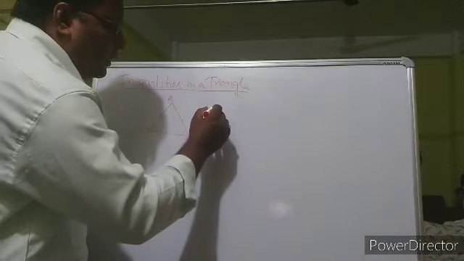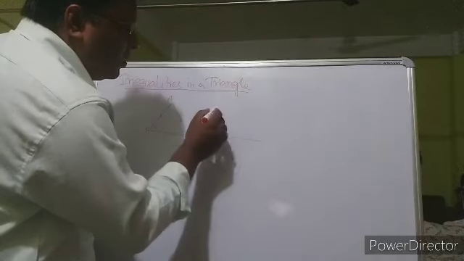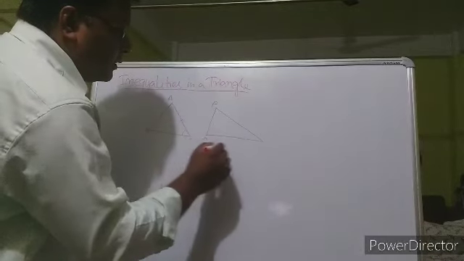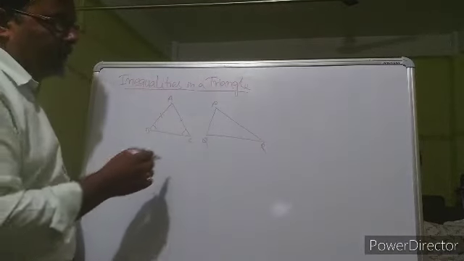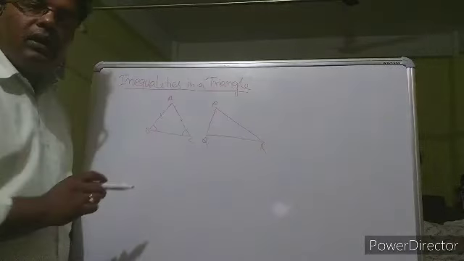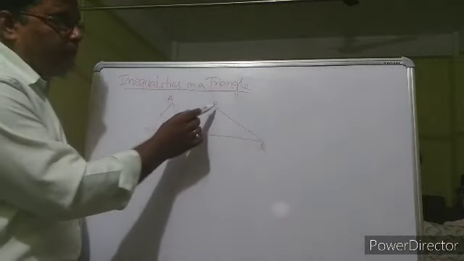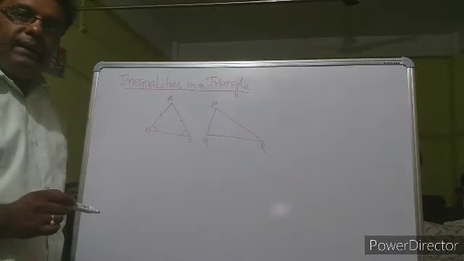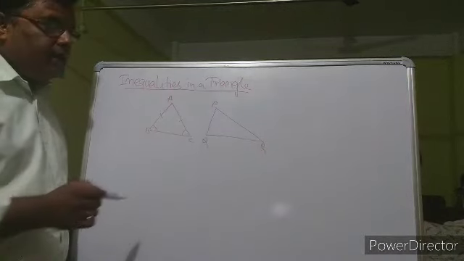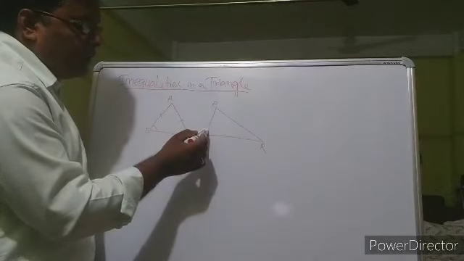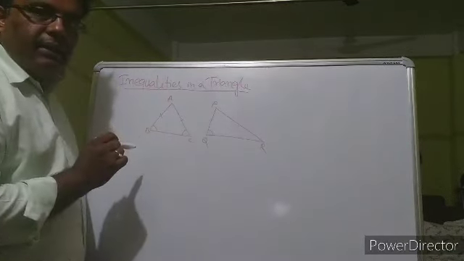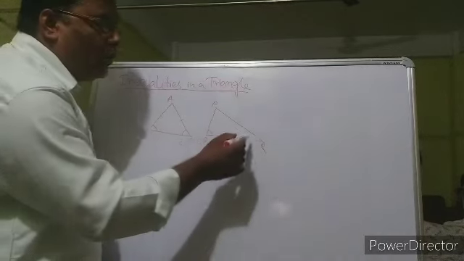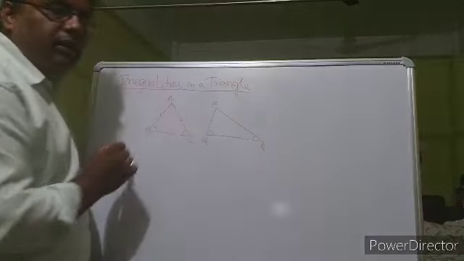Now if we draw another triangle, suppose P, Q, R. Now consider the two sides PQ and PR. PR is longer than PQ. Then in this case, the angle opposite to the longer side is greater than the angle opposite to the shorter side.